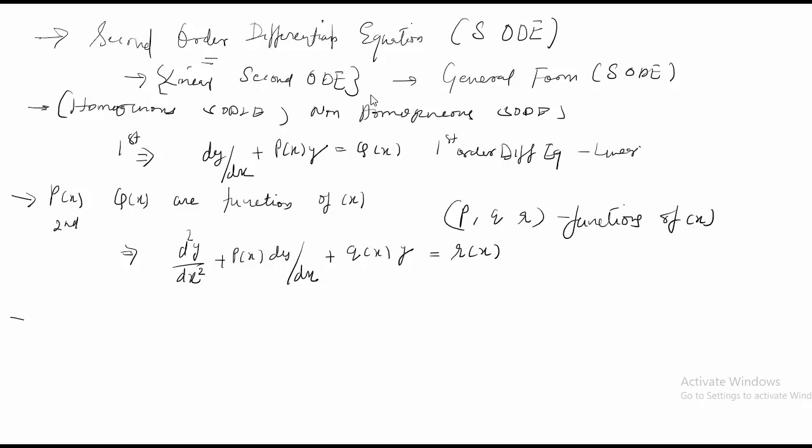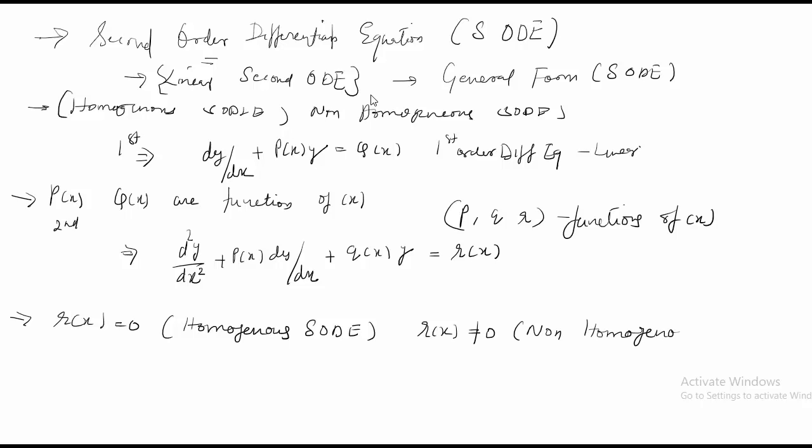So the big thing here is that if r of x is equal to 0, then this is my homogeneous second order linear equation, while if r of x is not equal to 0, this is a non-homogeneous second order linear equation.